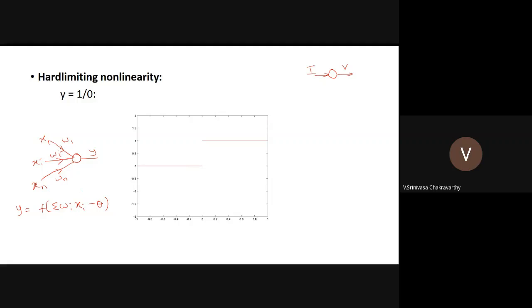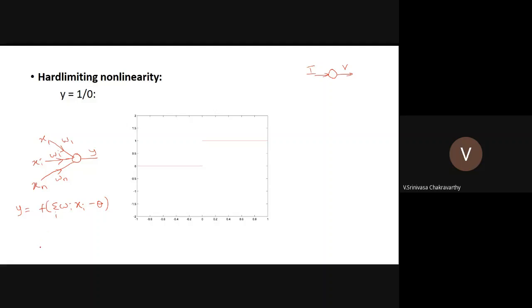So here the input is the net effect of all these inputs coming from other neurons passed over the synapses, which have certain weightage. And since you have excitatory synapses and inhibitory synapses, these weightage values can have positive or negative values. So sum all of these up and see if it passes a threshold. If it passes a threshold, output Y is thought to be 1, otherwise it is 0.